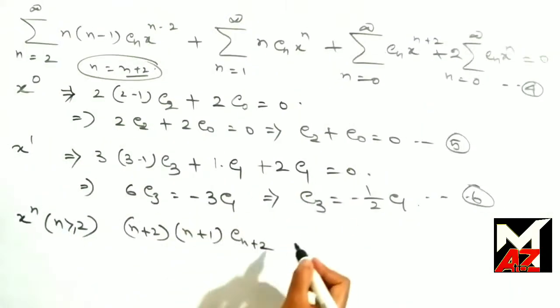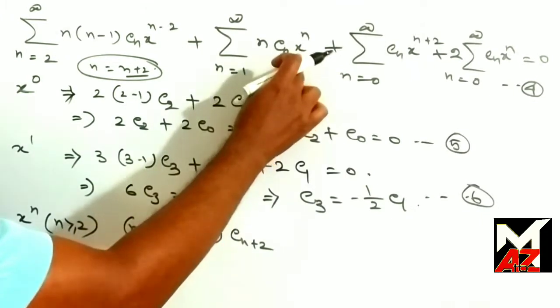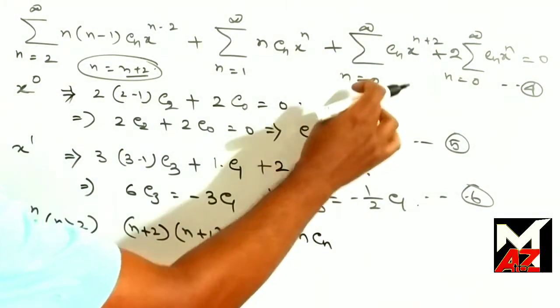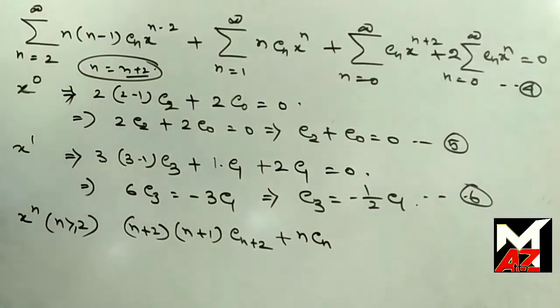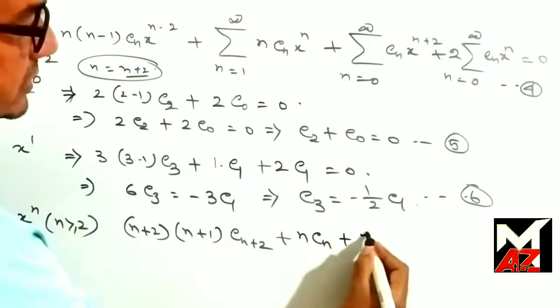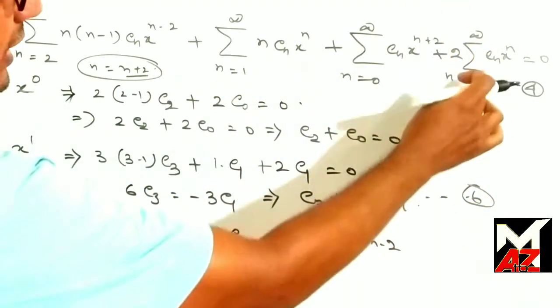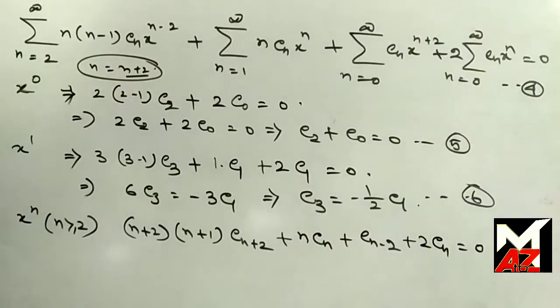Here this is n equal to n, so plus n c_n, and here is also n equal to n minus 2, right? So this is c_(n-2), and here also n equal to n, that is plus 2 c_n, this is equal to 0.